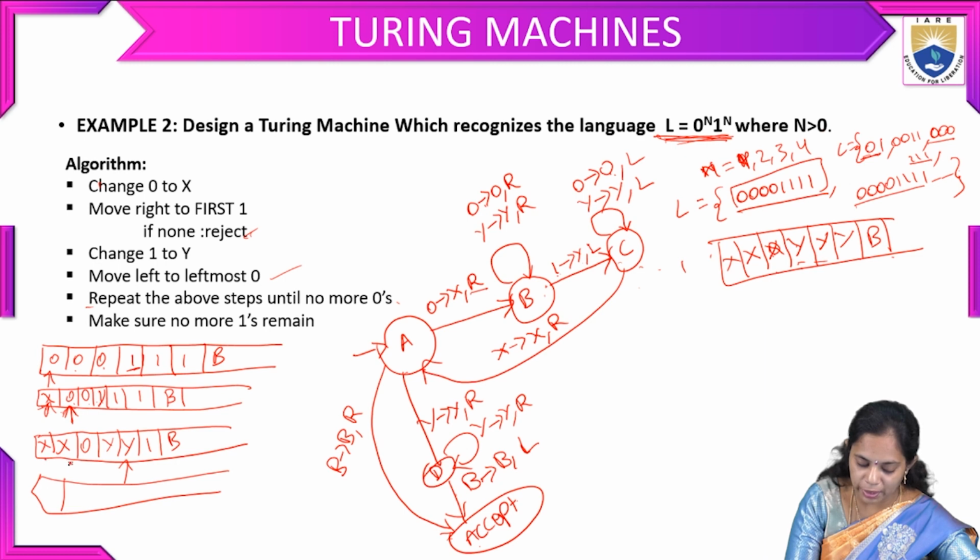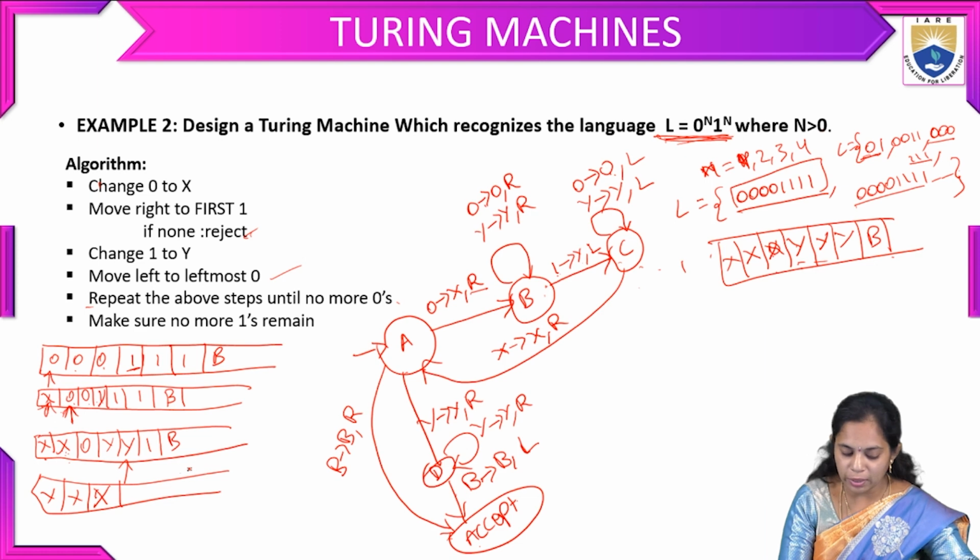Moving from right to left, whenever the X is there we move in the right direction, and here 0 is replaced with X. After the X is replaced, we move to the next input symbol 1. This 1 is replaced with Y, and after this we reach the blank symbol.